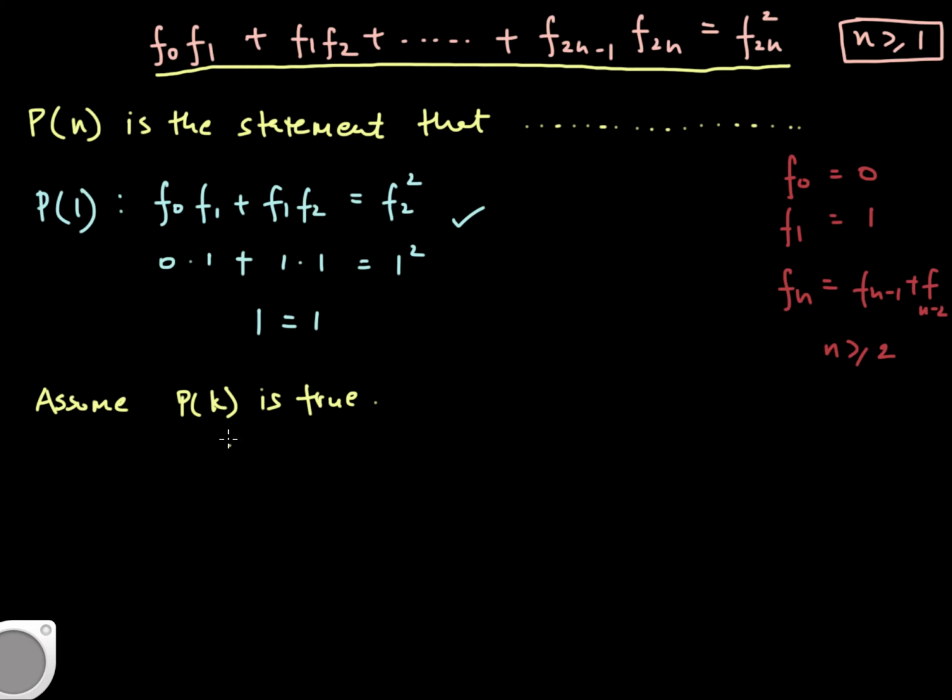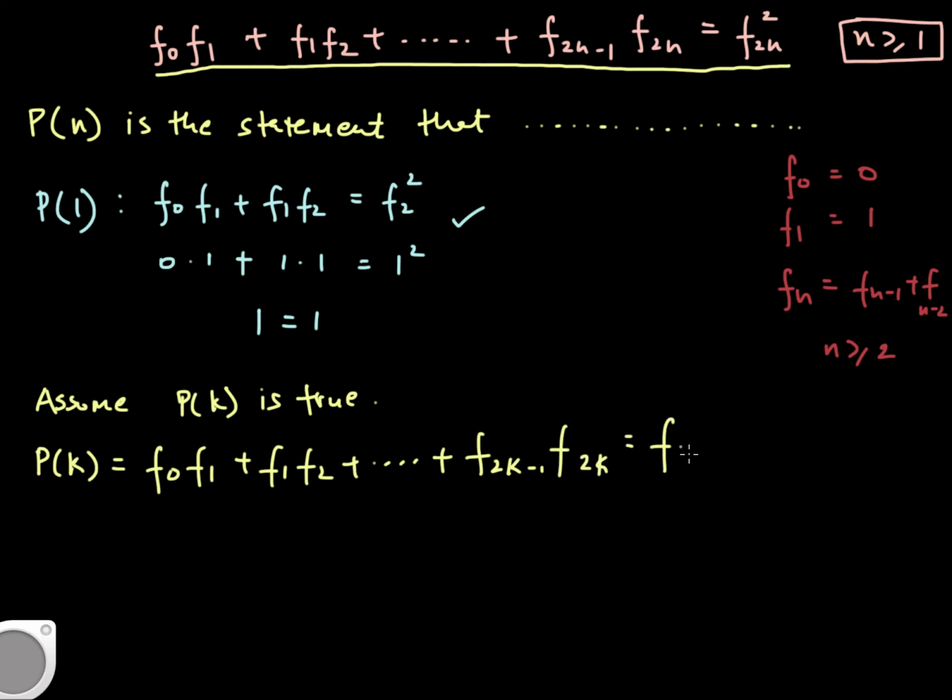What does it mean that P of k is true? So if I go back to my proposition and I plug in n being k, P of k is equal to f of 0 times f of 1 plus f of 1 times f of 2 plus going up to f of 2k minus 1 times f of 2k equals f of 2k squared.